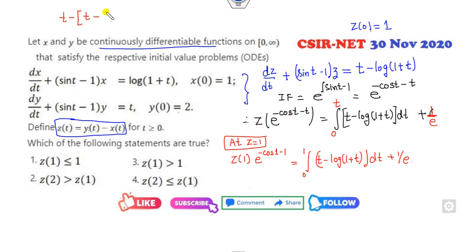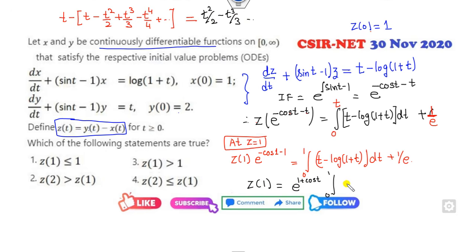It is x minus x square over 2 plus x cube over 3 minus x4 over 4 and so on. So if you open them, it will be t square over 2 minus t cube over 3 and so on. So z of 1 will be e raised to the power 1 plus cos of t, integral from 0 to t of t square over 2, t cube over 3 and so on, plus 1 over e of 1 plus cos of t.